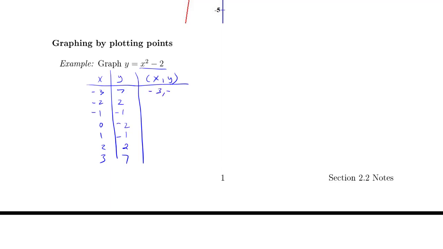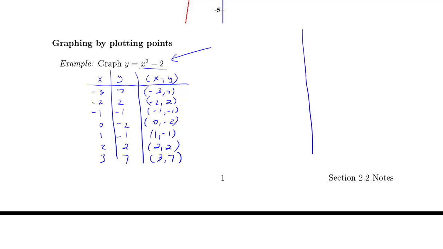I've got -3, 7; -2, 2; -1, -1; 0, -2; 1, -1; 2, 2; and 3, 7. So if I'm trying to think about what the graph of y equals x squared minus 2 is, then I actually know that it has all these points on it.